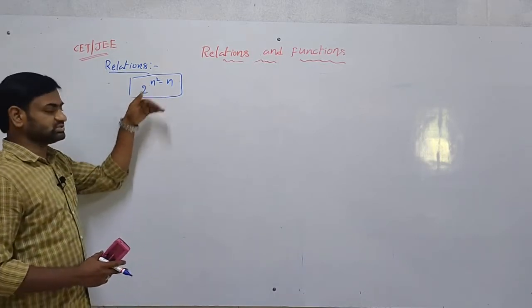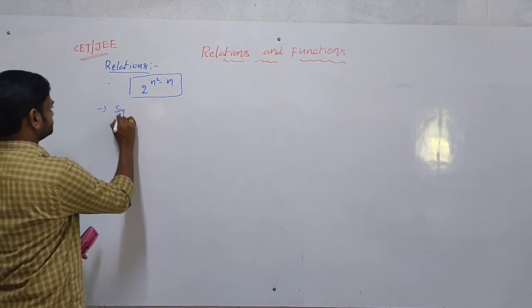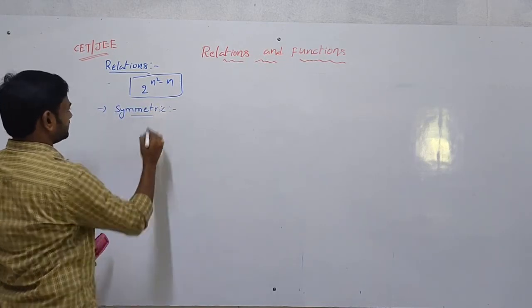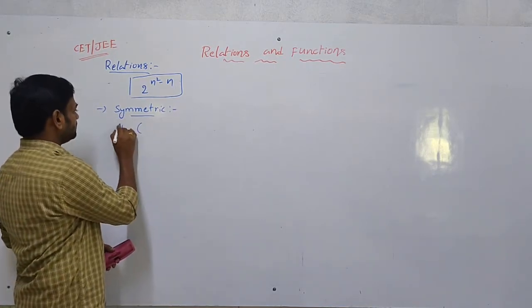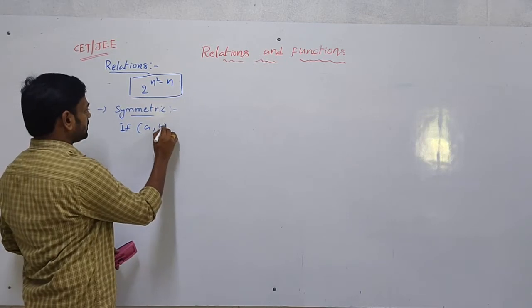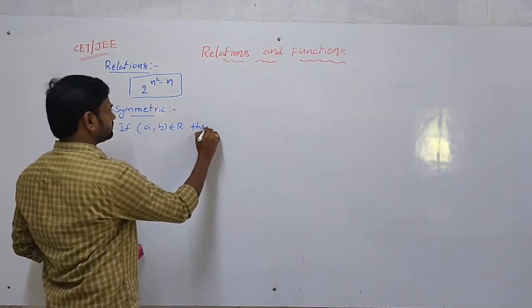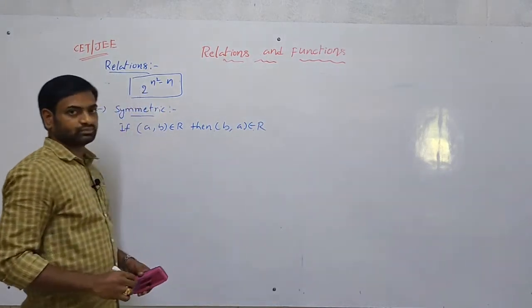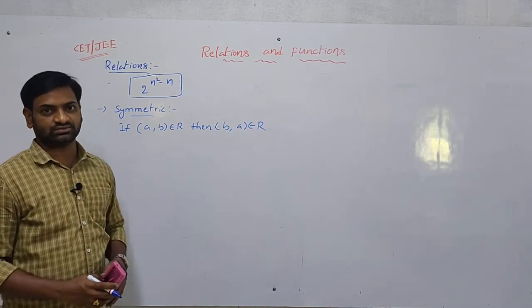Next, after reflexive, next is symmetric. So what does symmetric mean here? If (a, b) belongs to R, then (b, a) belongs to R. Then we can say R is a symmetric relation.